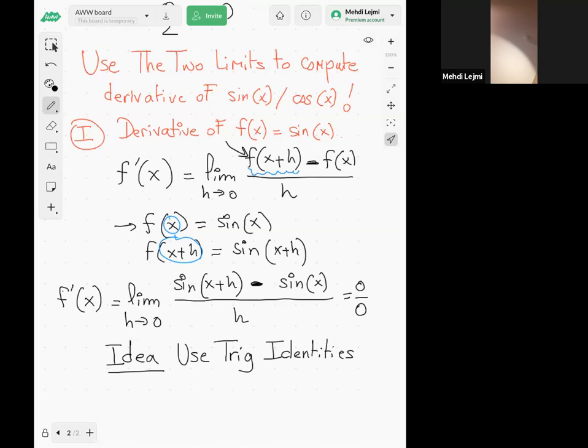For example, we have this sine of x plus h, and actually, we have a formula for sine of a plus b. Just to remind you, sine of a plus b.